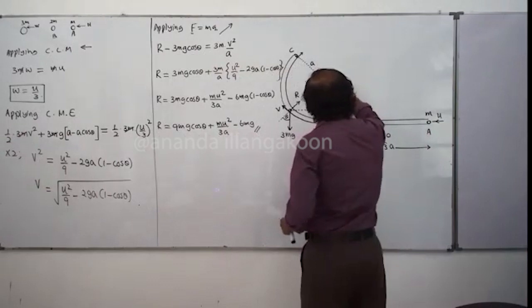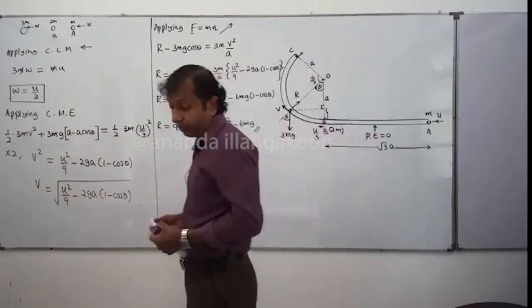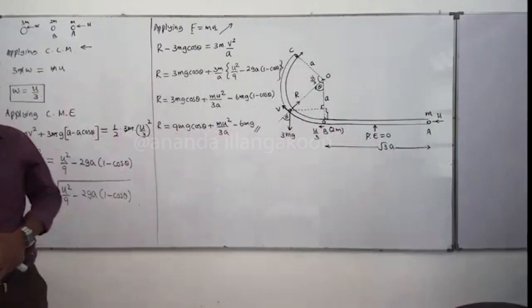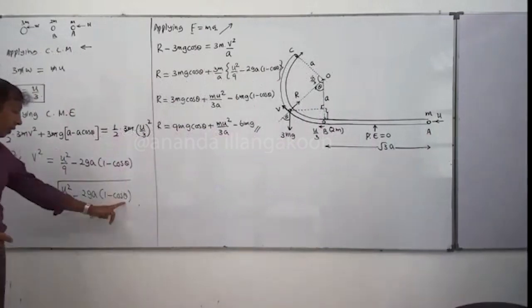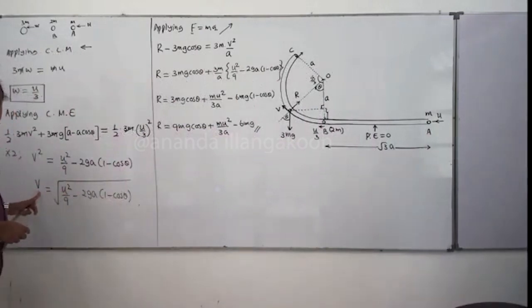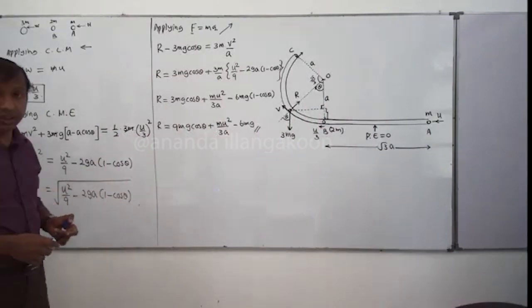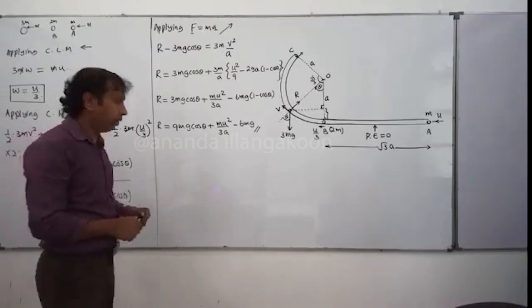with the angle given as 2 pi by 3, 120. Then we substitute that 120 here and we find this v. Then we get the velocity at C. That velocity will be positive, right?